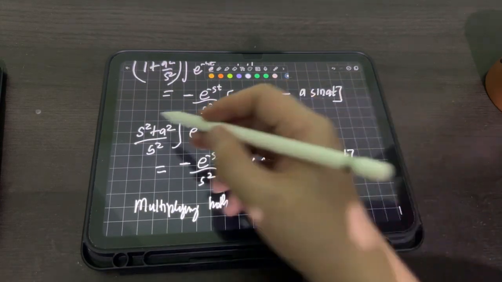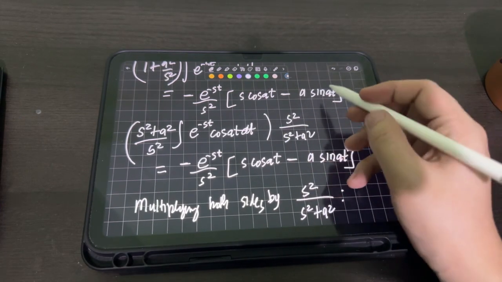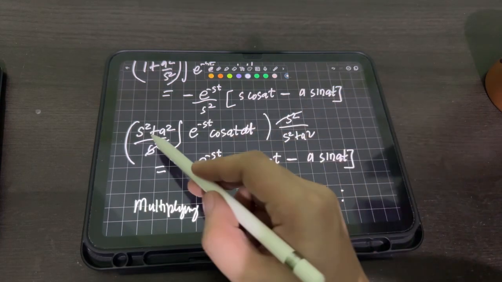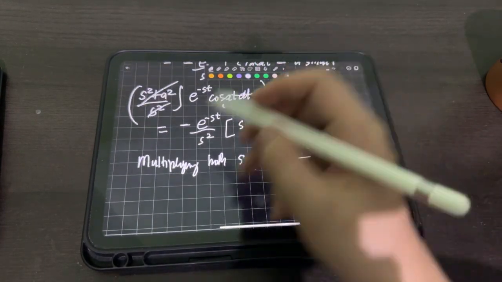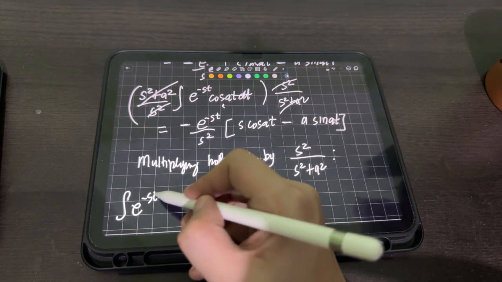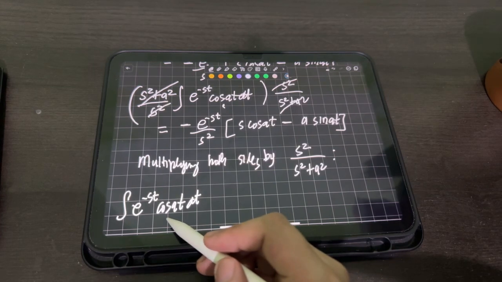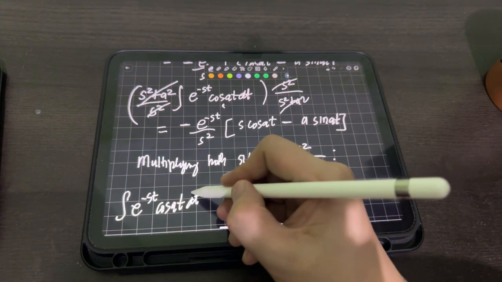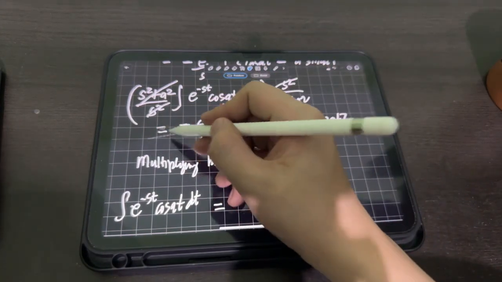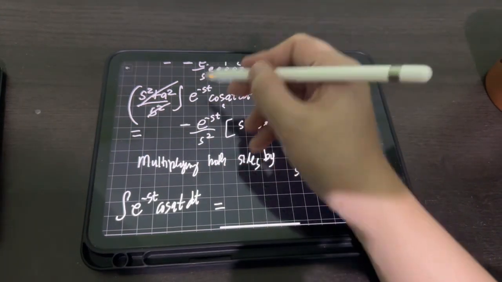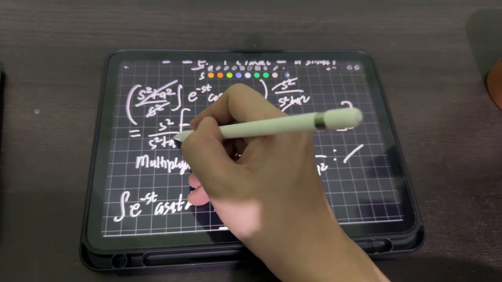So if you multiply this by s squared over s squared plus a squared, you can cancel out the s squared. You can cancel out the s squared plus a squared. So we are left with the integral of e to the negative st cosine at dt, which is what we want to find in the first place, right? Equal to, okay, multiply also the right side by s squared over s squared plus a squared.